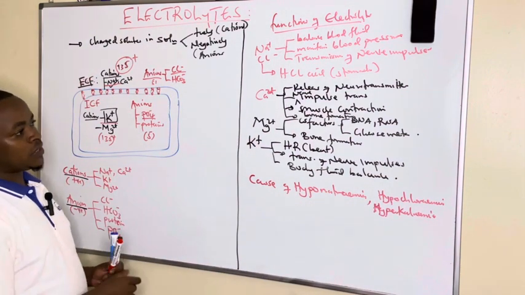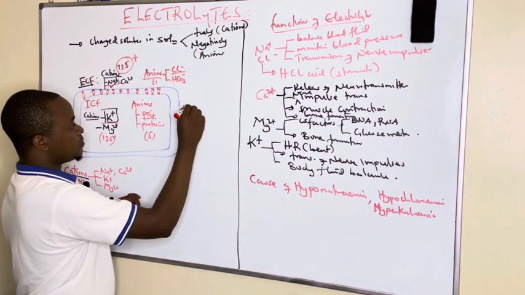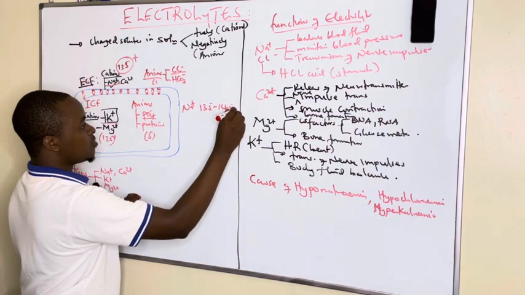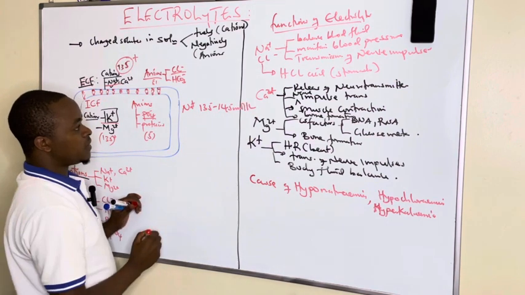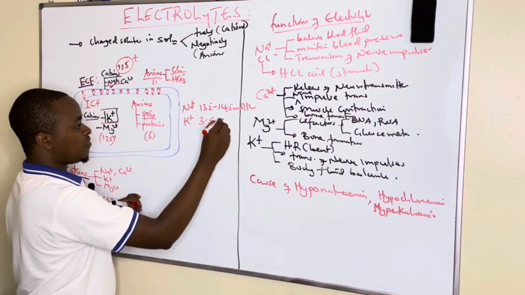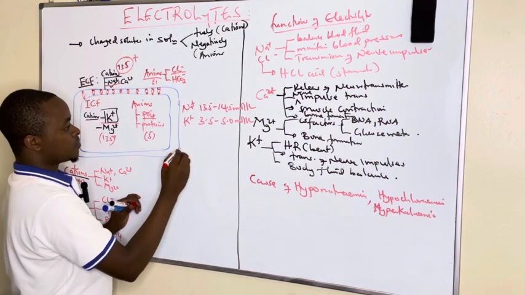But before we look at this, we need to know the reference range of each. For sodium, the reference range is 135 to 145 millimoles per liter. Potassium is 3.5 to 5.0 millimoles per liter.